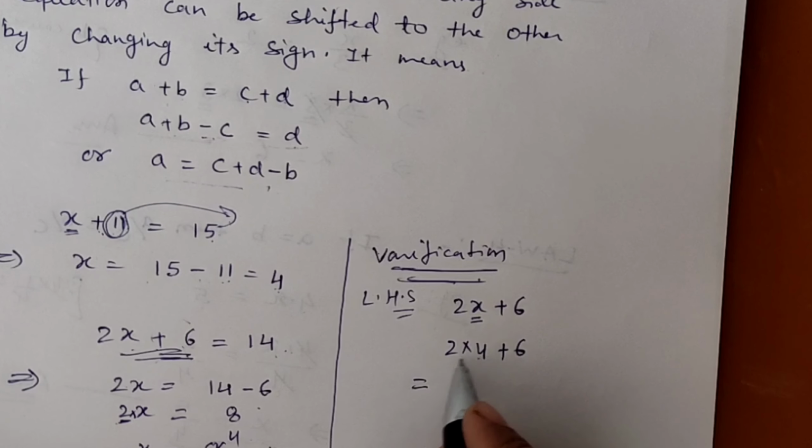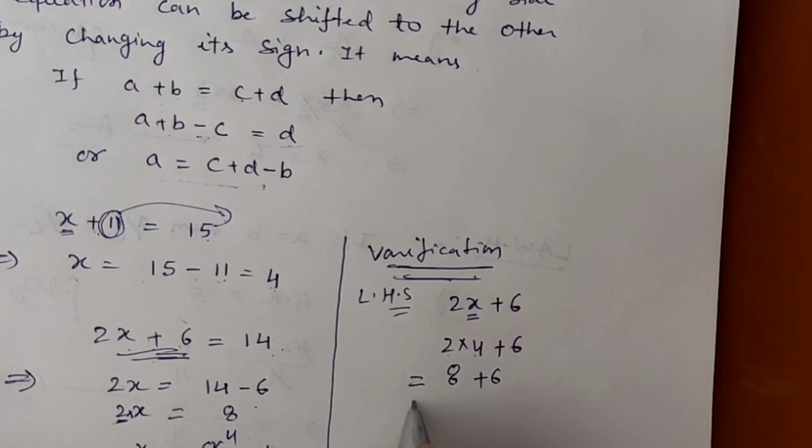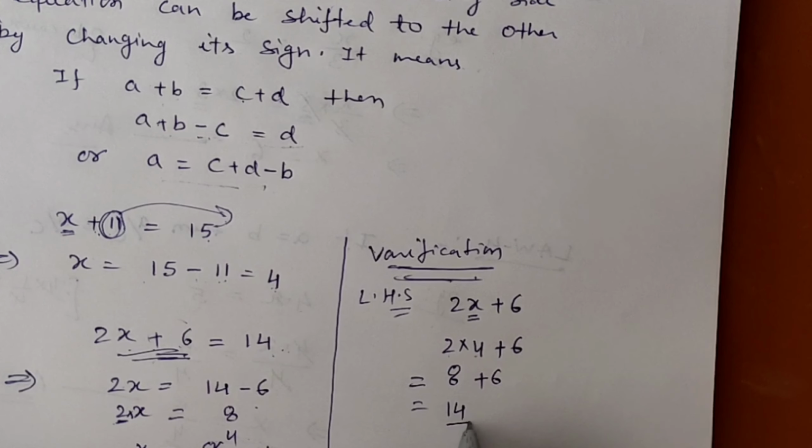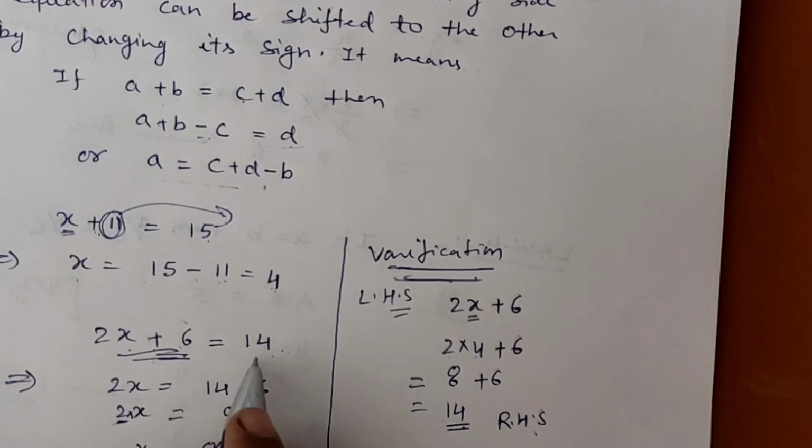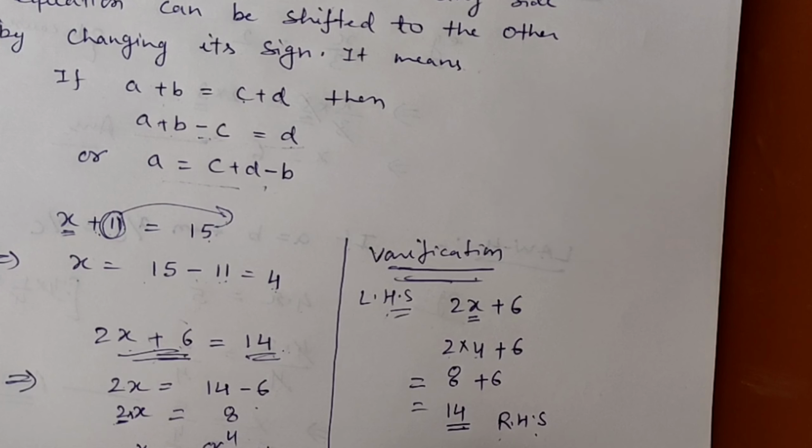So what will you get? 4 twos are 8, plus 6 is equal to 14. And you can see 14 is the value of the right hand side. So left hand side is equal to right hand side. It means you verified that your solution is correct.